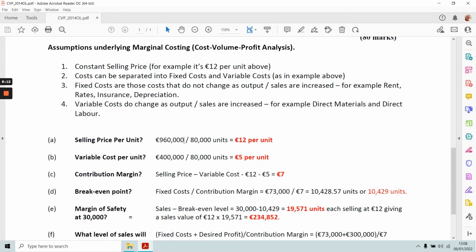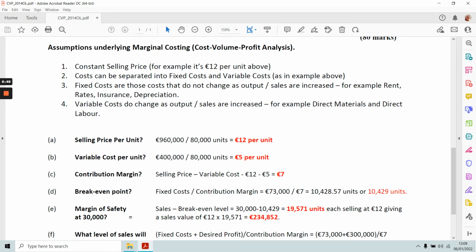Now you can't sell 0.57 of a unit, so we always round it up. So that gives us 10,429 units of sales or production. And you're selling each of those at €12 each. So if the question asks you to calculate the break-even point in sales revenue, it will be 10,429 units at €12 each.